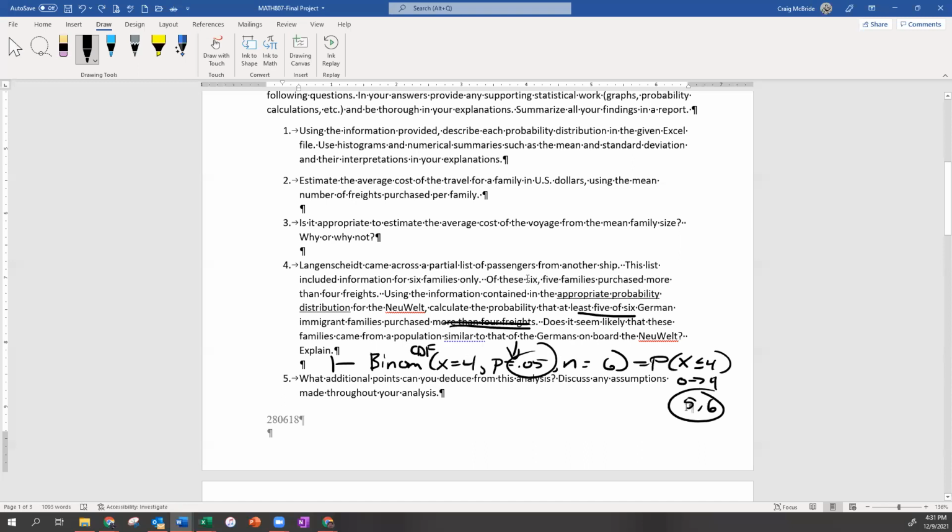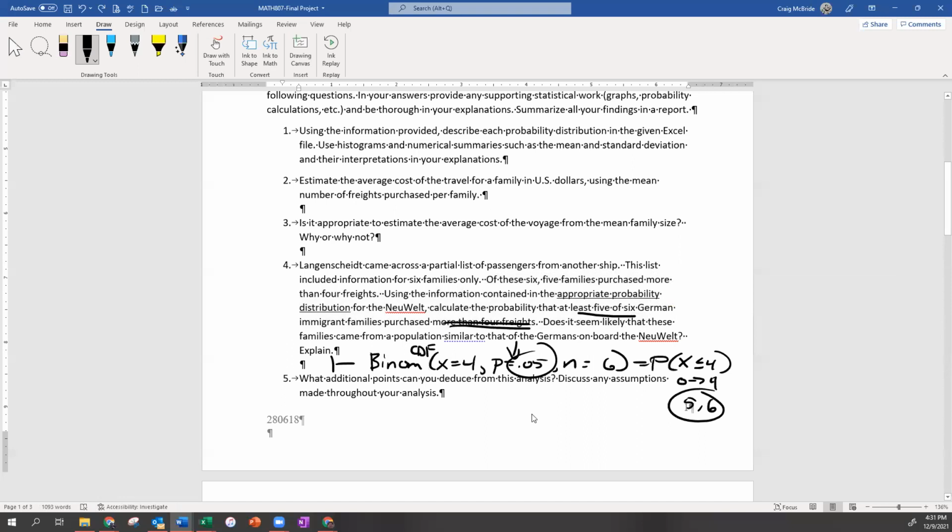Well, I don't even have to run the data to know that that's crazy, because if the probability that one family buys more than 4 freights is only 5%, well, then I know multiple families is going to start making it less than 5% because that's how a binomial works. So there's no way this comes from the New Wealth data, because 5 out of 6 do it. Oh my God, there's no way.